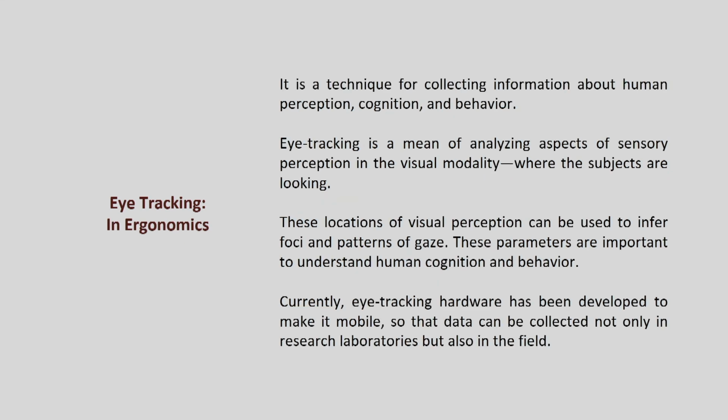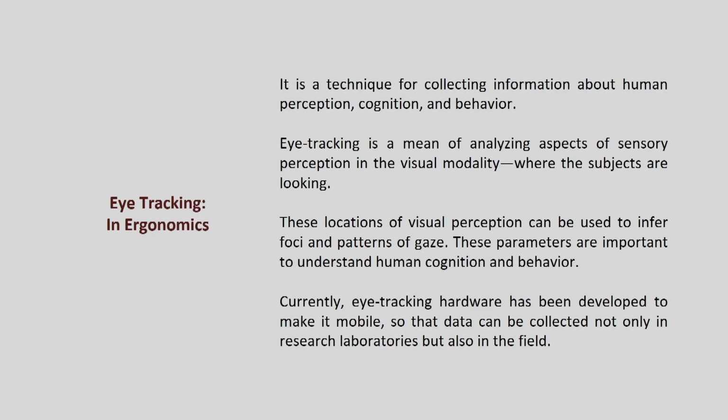So, how is this particular method helpful in the field of ergonomics? Suppose you are designing a workplace or trying to set up a workplace, how the person is going to interact with those elements of the system and how those elements influence the worker's performance, you can really monitor, understand or take a pre-measure using this eye tracking system.